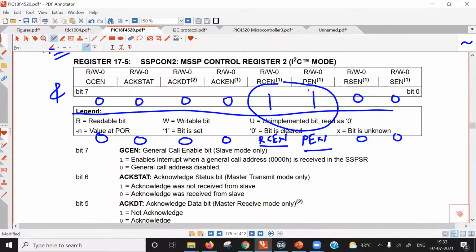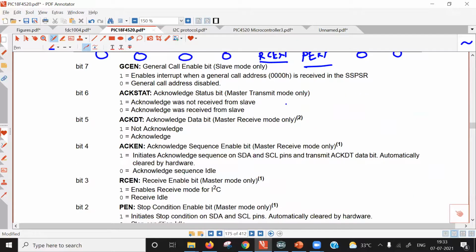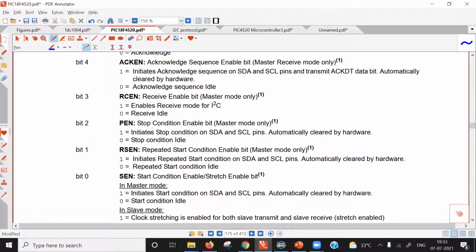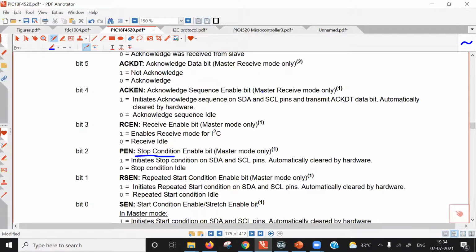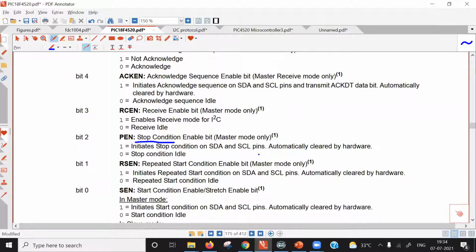See, whenever we initiate the operation, the stop condition enable bit means, during reception, look at here, this is automatically cleared by hardware.